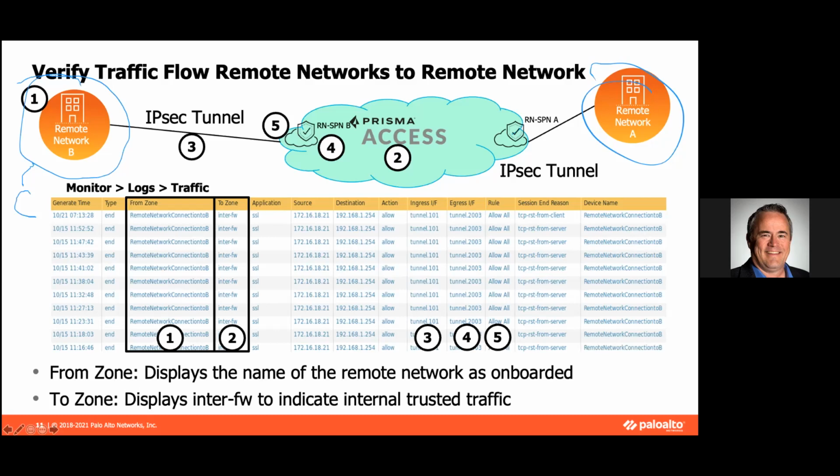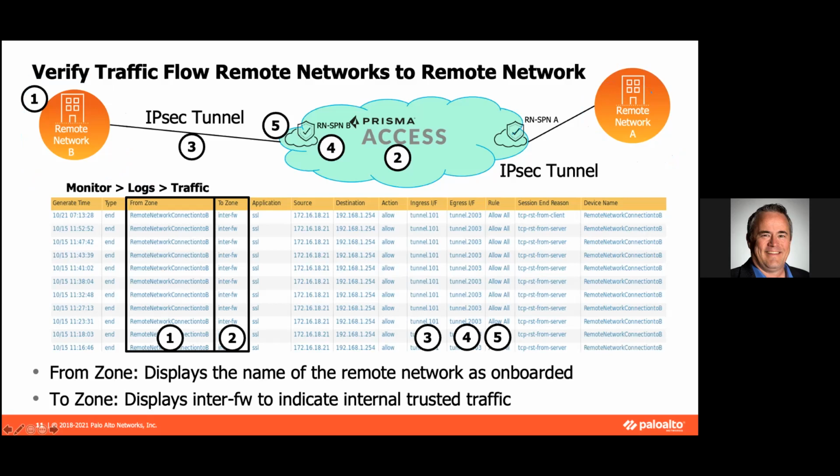What we would see is actually for the from zone or the source zone, we're going to see whatever we named that remote network instance. In this case, we called it remote network connection to B. Traffic is inspected as it enters in to Prisma Access.